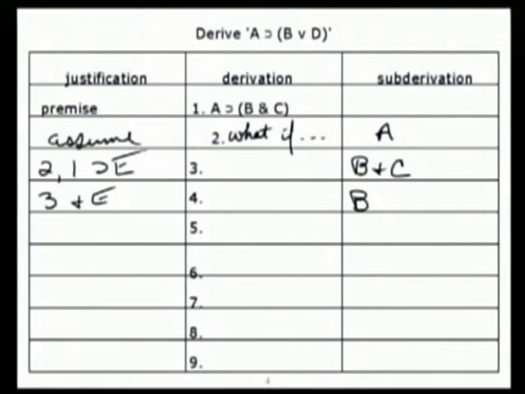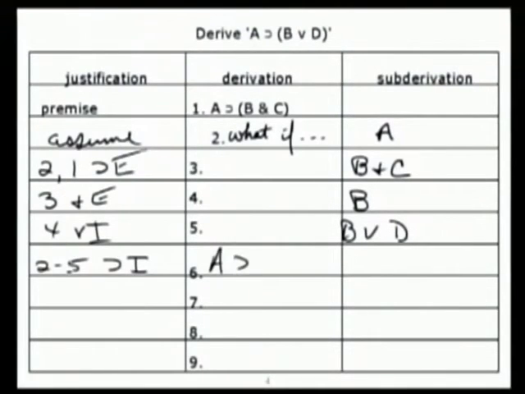Okay, now, it should be obvious, for 4 we use or introduction. And then here comes the convention for writing this down in the Logic Cafe. We say 2 through 5 by horseshoe introduction.